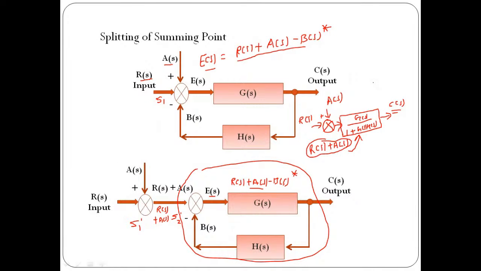In the same way, if we have a single summing point and we split it into two sub summing points, then we can apply rule number 3 or rule number 2. It depends upon the type of numerical given to you, but you have to remember that it is possible to apply the associative law for summing points, and it is possible to split a summing point into two or more sub summing points.